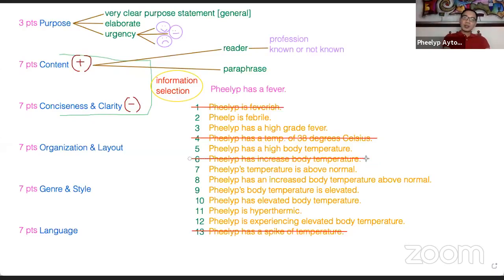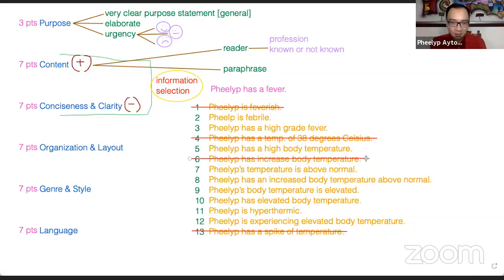I have a question. If you say that the body temperature is increased, does that mean that it is above normal?